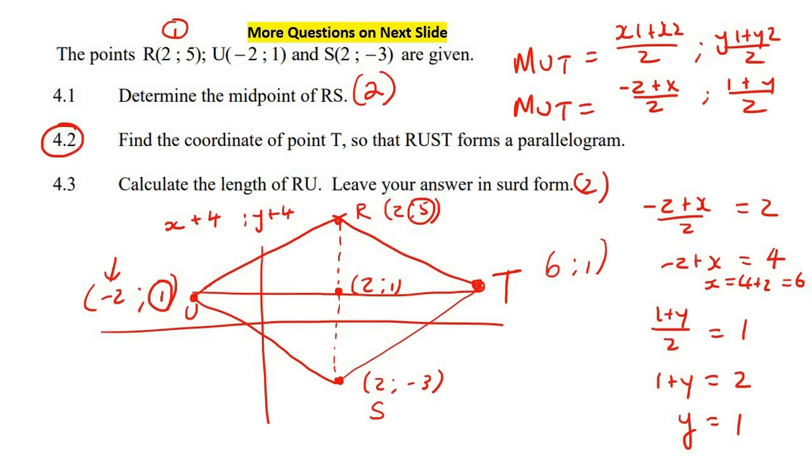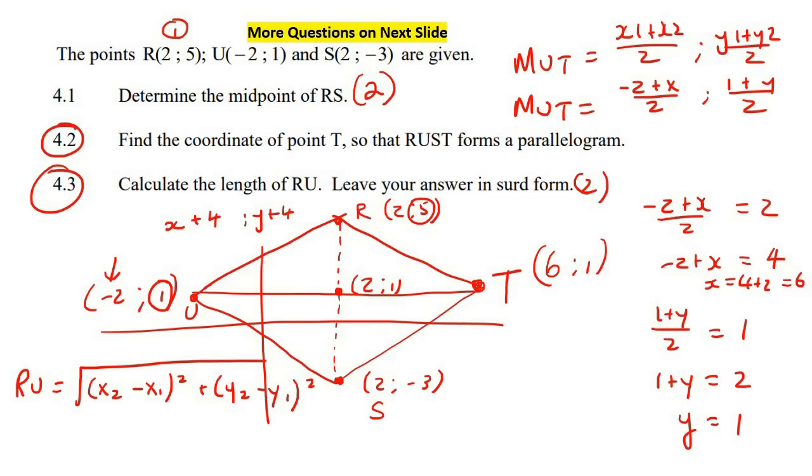Now this last question for 2 marks says calculate the length of RU. That's easy. We just use a formula for that one, the distance formula, or length formula, whatever you want to call it. I'm going to use this as my point number 1 and this as my point number 2, and then follow the formula.